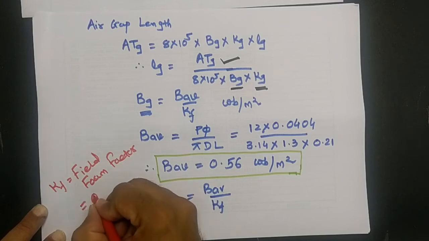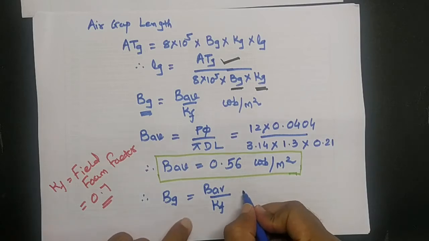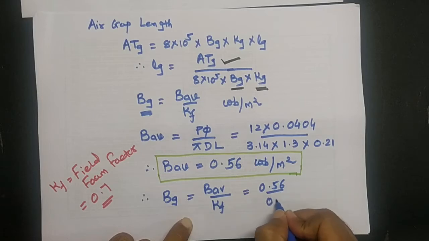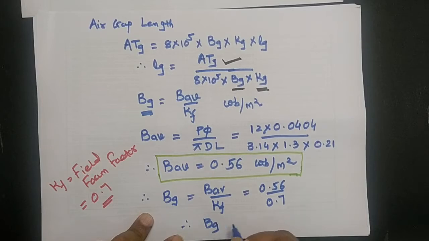A suitable value of 0.7 can be assumed. If we assume 0.7, then we have 0.56 divided by 0.7, and therefore Bg is equal to 0.8.